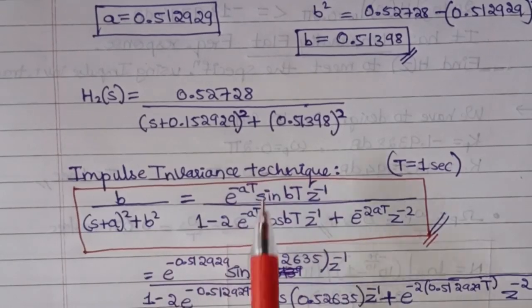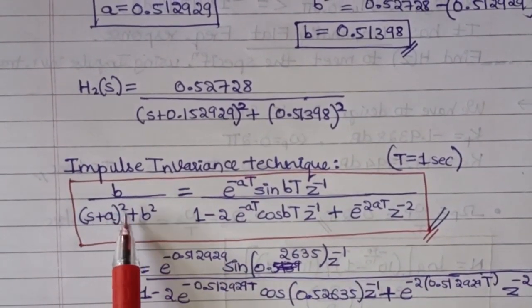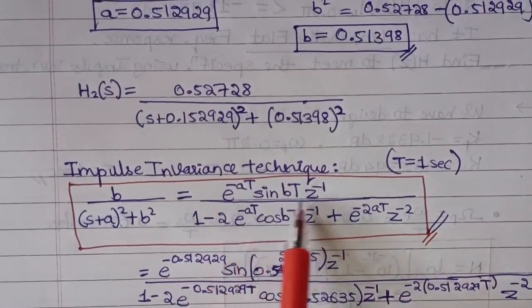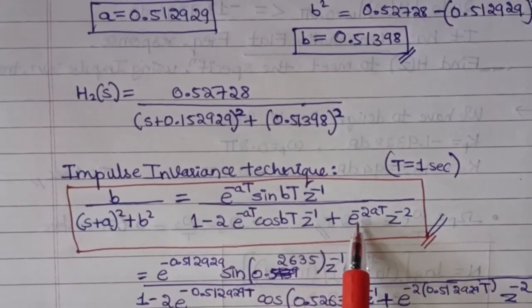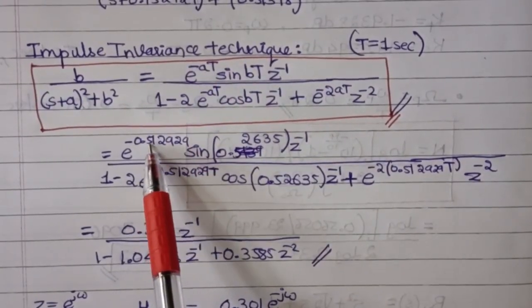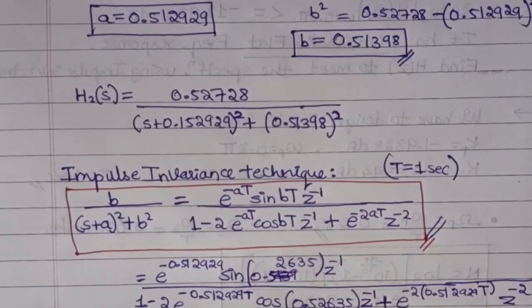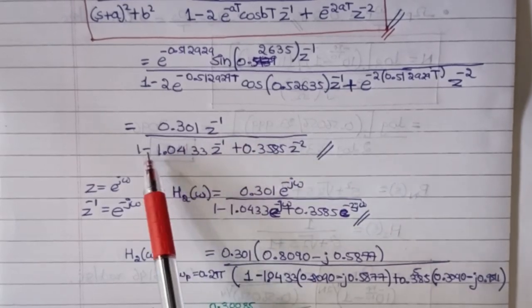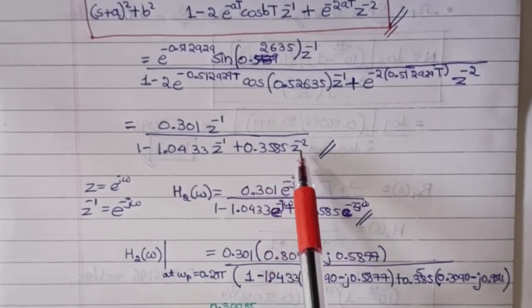Hence, to apply the impulse invariance technique at T = 1 second, we have b / ((s + a)² + b²) equal to e^(-aT) sin(bT) z^(-1) divided by 1 - 2e^(-aT) cos(bT) z^(-1) + e^(-2aT) z^(-2). Substituting a as 0.512929 and b as 0.52635, after solving the equation, we get H(z) = 0.301 z^(-1) / (1 - 1.0433 z^(-1) + 0.3585 z^(-2)).